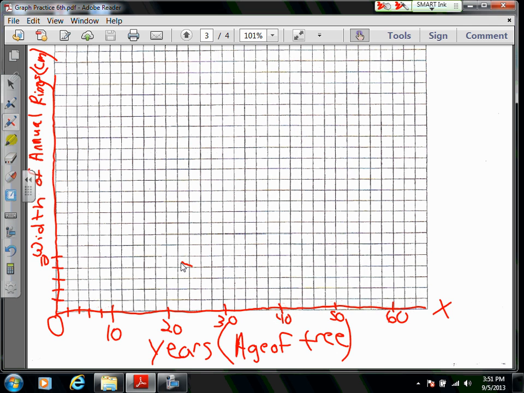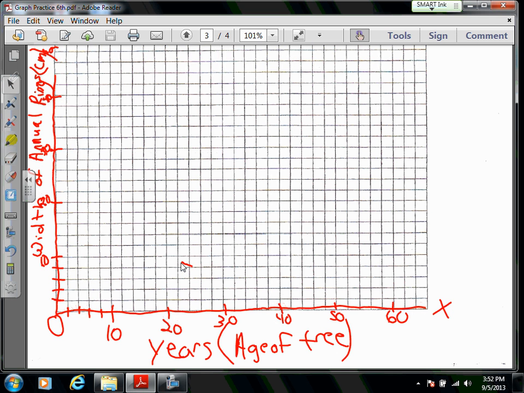There's 1.0. 1.2, 1.4, 1.6, 1.8, 2.0 centimeters, etc. So we'll go all the way up to 5. 2, 4, 6, 8. That's 3.0. 2, 4, 6, 8. That's 4.0. 2, 4, 6, 8. And then 5.0 up there. Of course, yours will be much neater than this because I'm trying to work this on the smartboard.